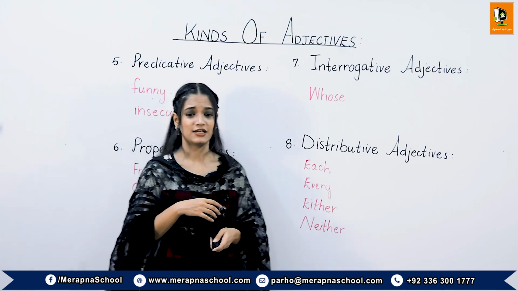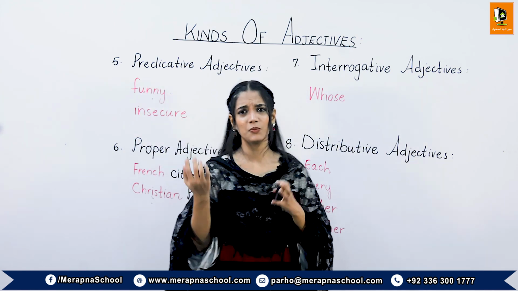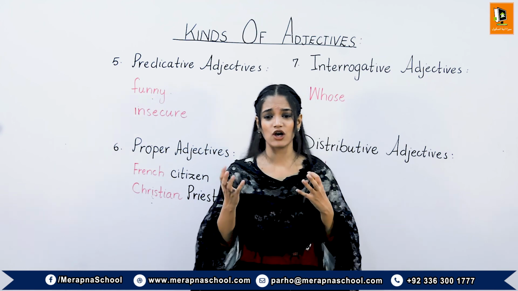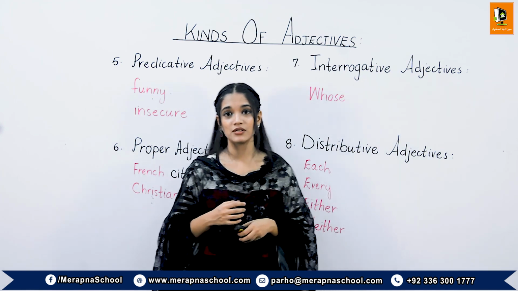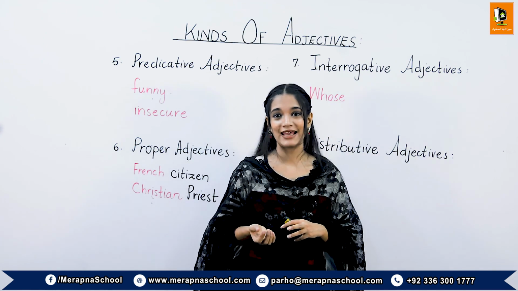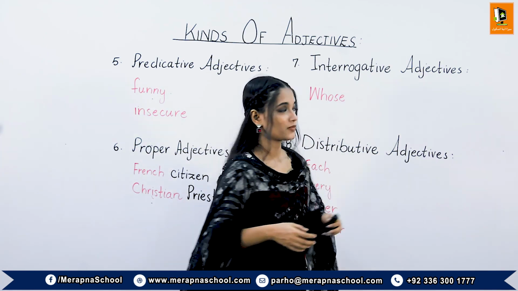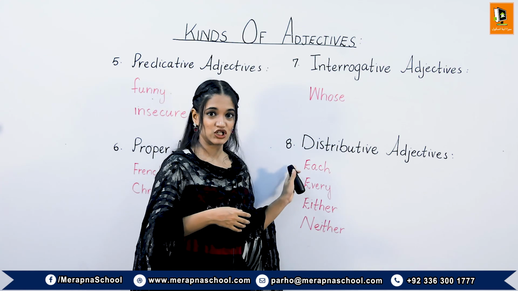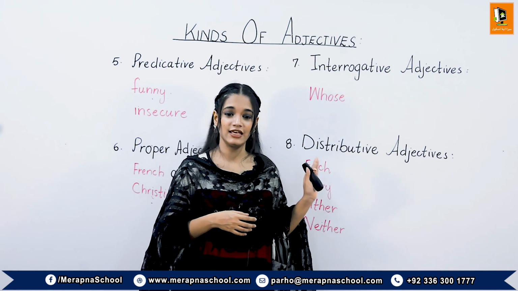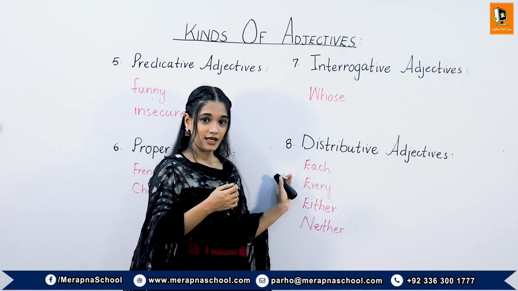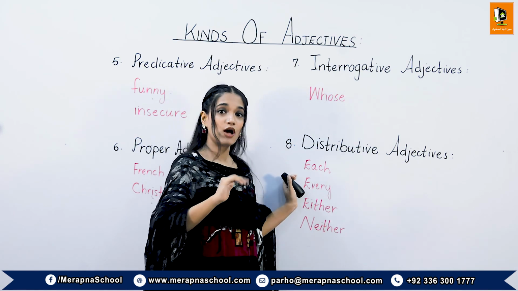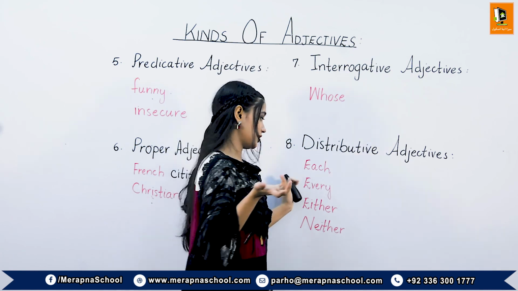Distributive adjectives are words that refer to each object or member of a group. They are used with singular nouns and placed before the nouns. For example, each. For the use of each, it suggests everyone. Every. For every, it suggests all but individually.